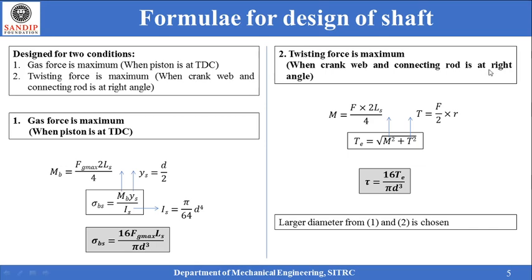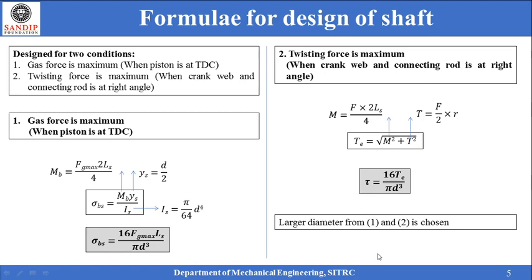By substituting these values, we will get the equivalent torque. The shear stress induced due to this torsion of the equivalent torque is given by 16 Te upon pi d cube. From this formula, we can also calculate the diameter of the shaft. Thus, diameter is calculated from both the conditions and the larger diameter obtained from these two equations is chosen as the diameter of the shaft.